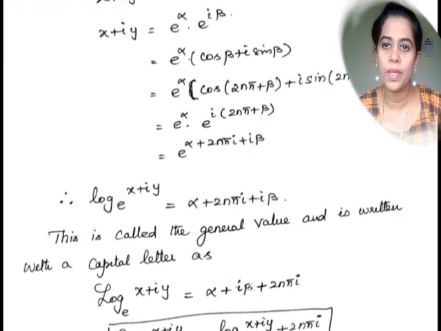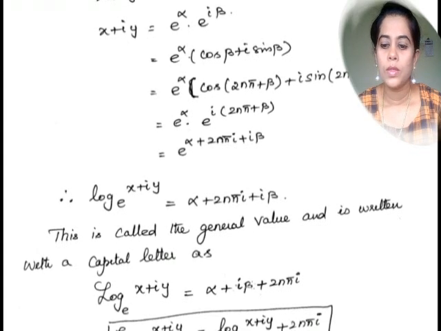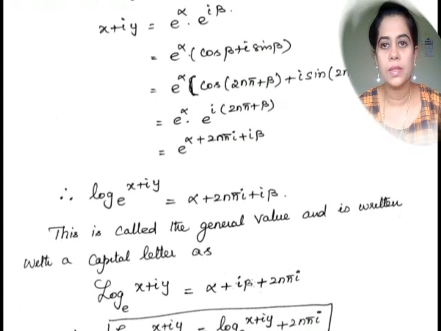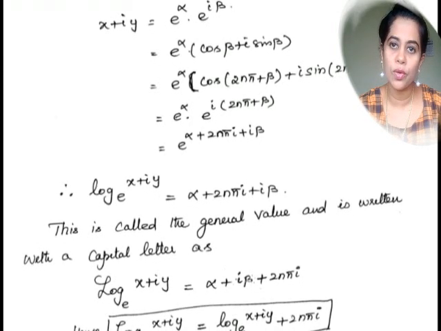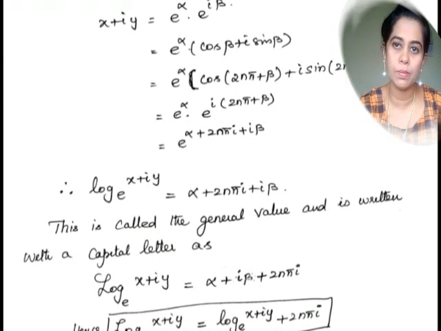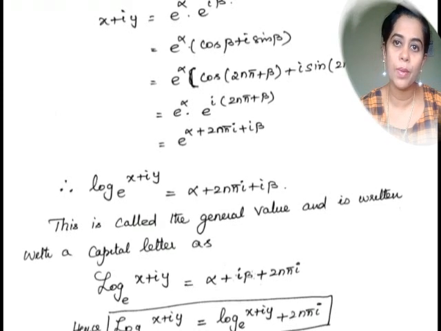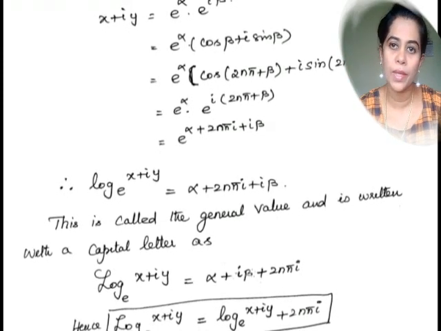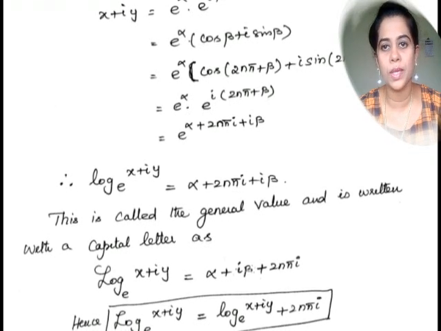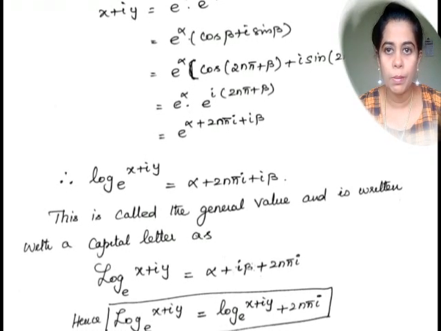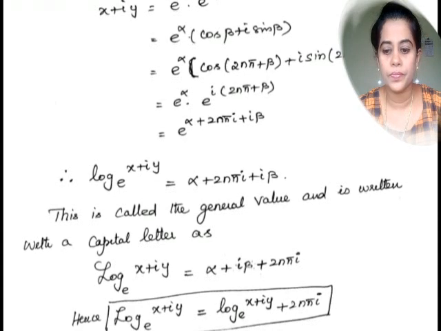Theta is 2n pi plus beta. So e power alpha into e power i times 2n pi plus beta can be written, the product being summed in the power, as e power of alpha plus 2n pi i plus i beta.